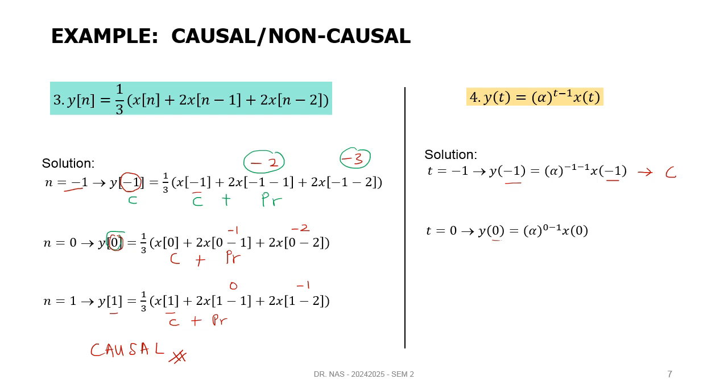The current state is 0, and you also have the input at t equal to 0, so the system is also in the current state. Next, when t equal to 1, this is the current state of the output, and the input is also at the same t value. So this is the current state. Again, there are no future values, so the system is causal.